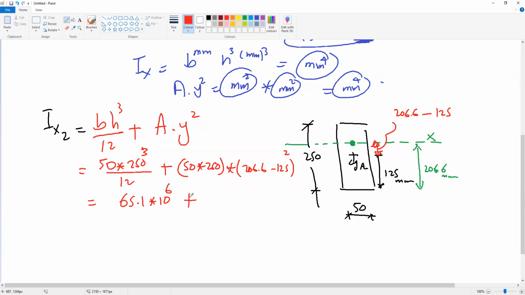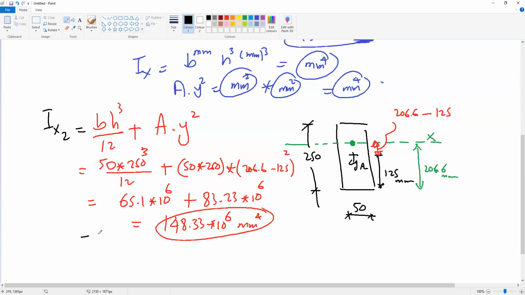The second term is 50 times 250 times 206.6 minus 125 squared, which gives us 83.23 times 10 to the power 6. So finally, Ix2 will be 148.33 times 10 to the power 6 millimeter to the power 4.